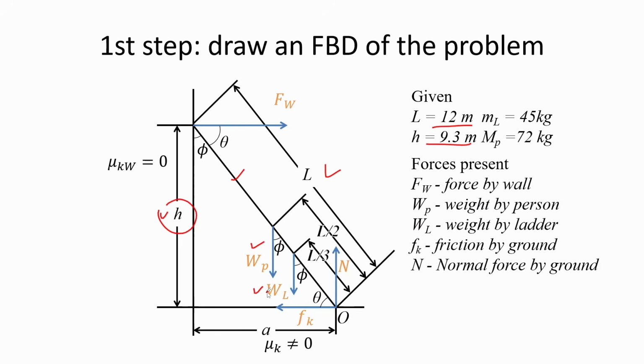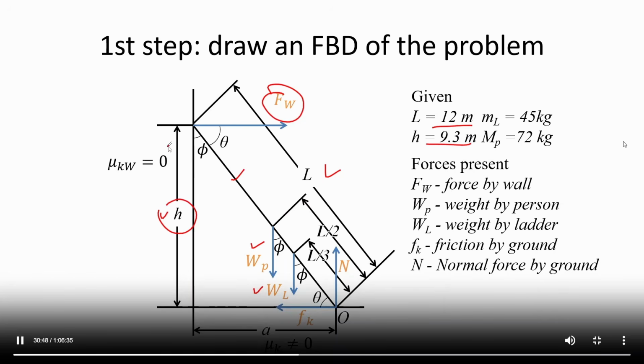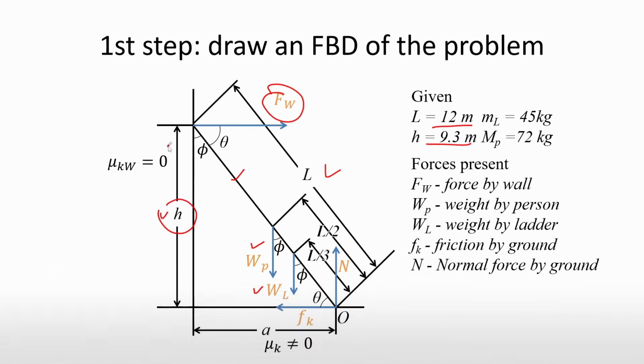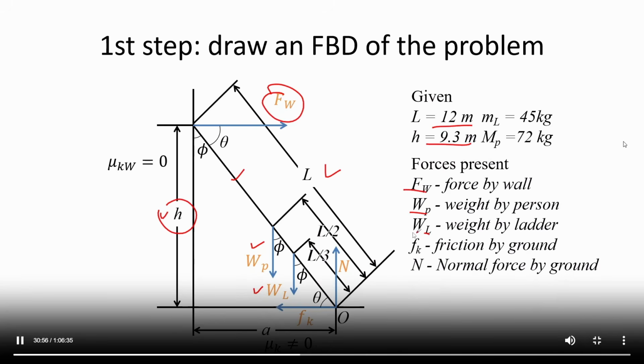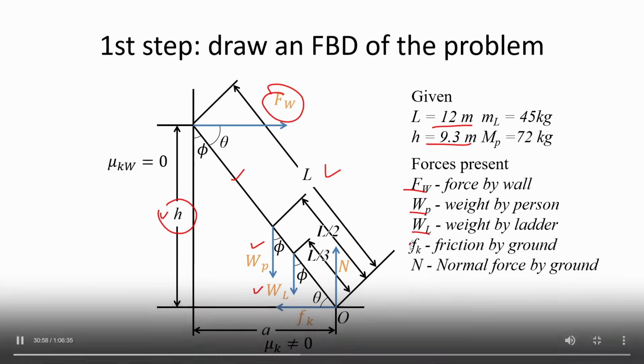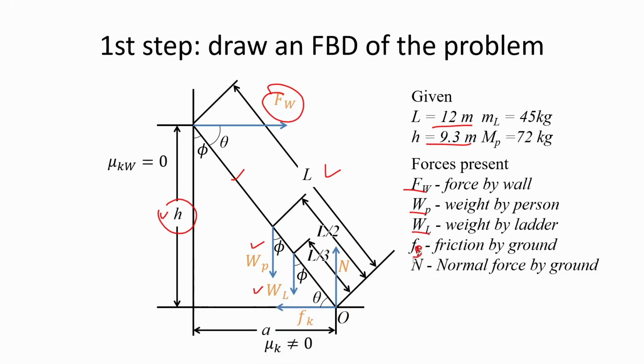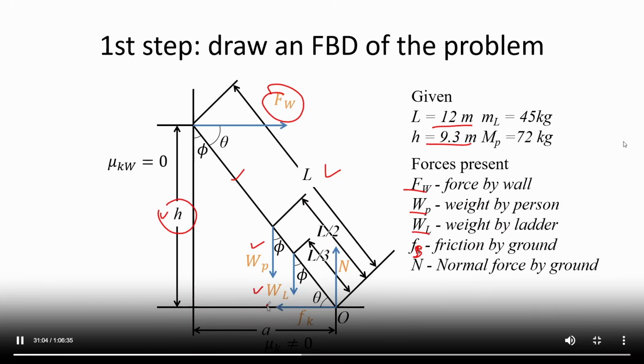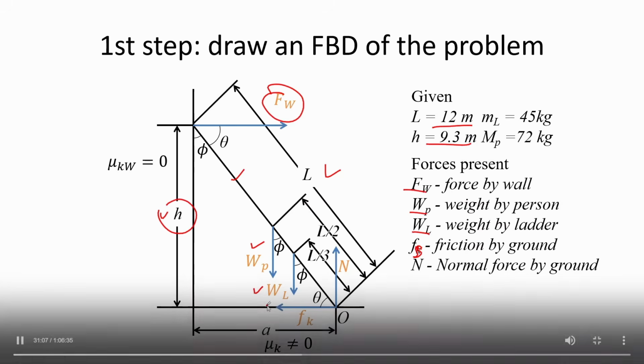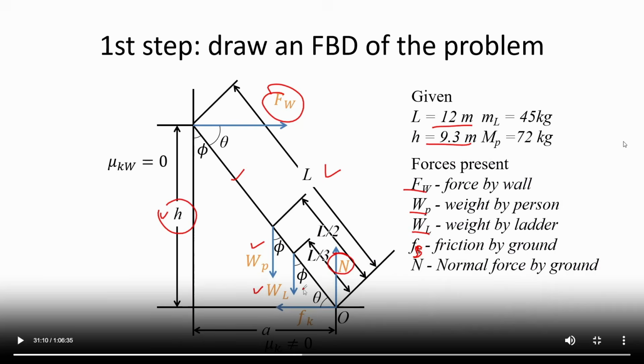And the forces present include the force exerted by the wall. Of course, since the ladder is leaning against the wall, the wall will exert a countering force. Then you have, of course, the weights, and you also have the friction on the ground. If it is stationary, this is Fs. Then you have the normal force by the ground, of course.